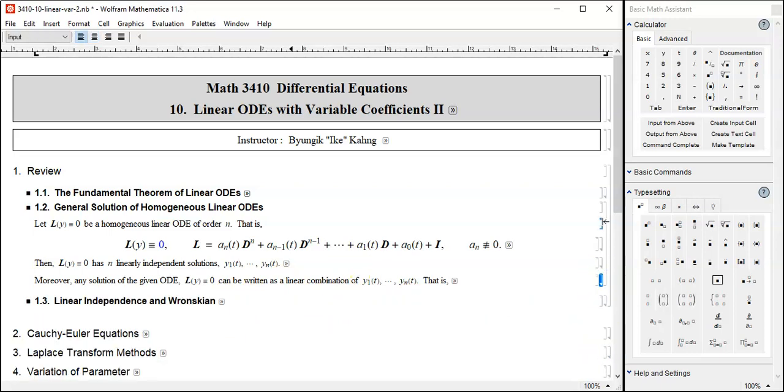No matter which method you use, once you get n linearly independent solutions, that'll give you the general solution. Of course, if you put those into the initial condition and get all those coefficients and then simplify and compare, then of course you're going to get the same solution in the end.